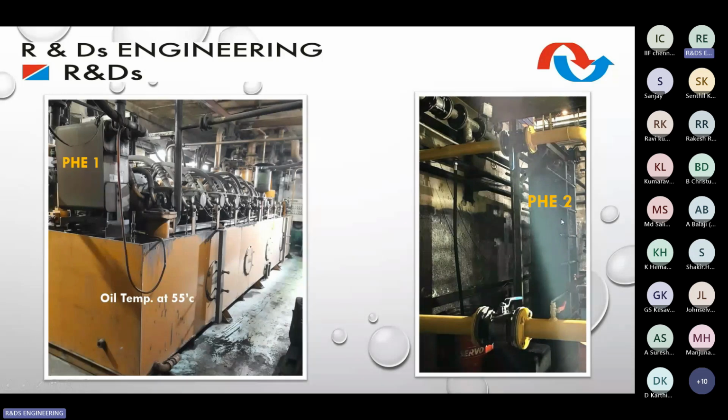Other than these, they were running some fans also. The moment you entered this place, it was so hot. Because of this high temperature, the entire area was very hot and people were not able to enter, so they placed some fans also.